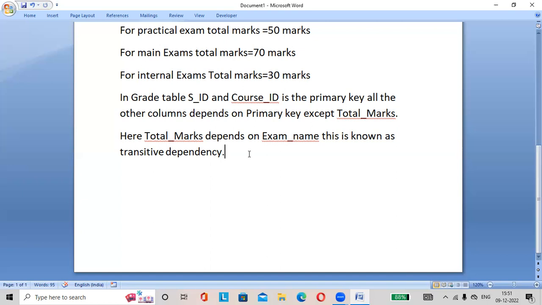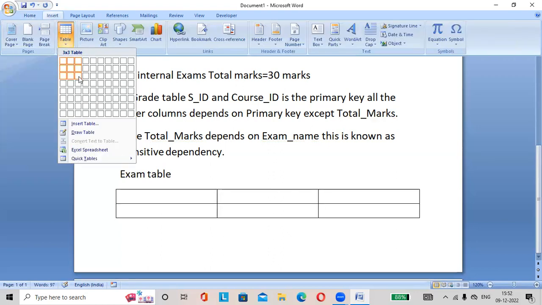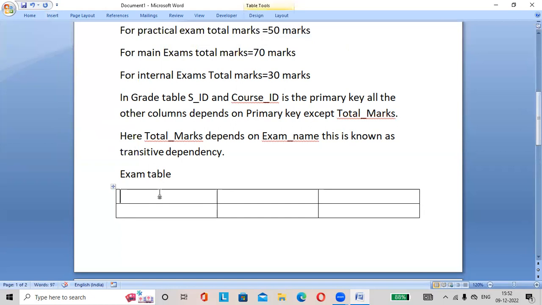We need to create one separate table by the name exam table, with exam ID, exam name, total marks.